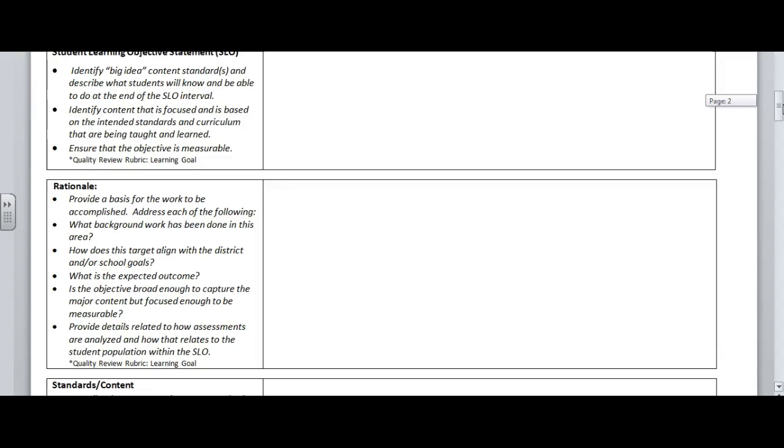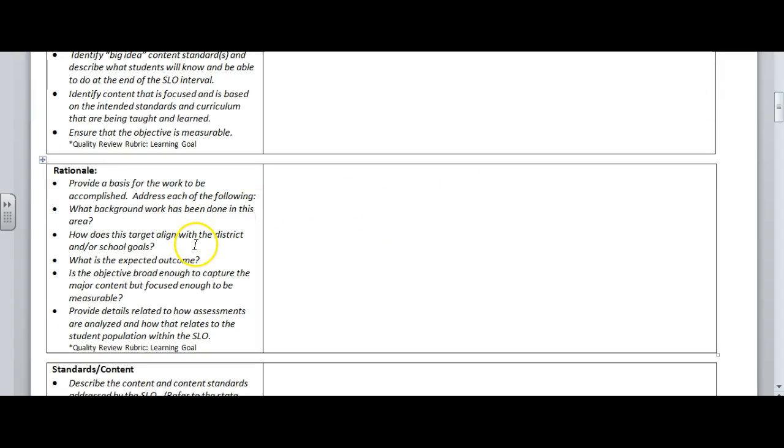All right, the rationale. If you use these questions as a guide, these questions will really help you understand everything about where you're supposed to place things here. Whenever it says what background work has been done in this area, you need to think about why focusing on this particular goal is so important. Out of all the goals I could have chosen, why this goal? That's what that question means.